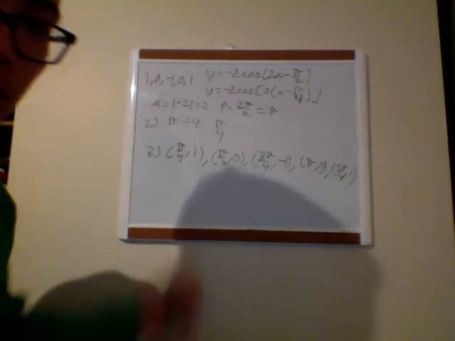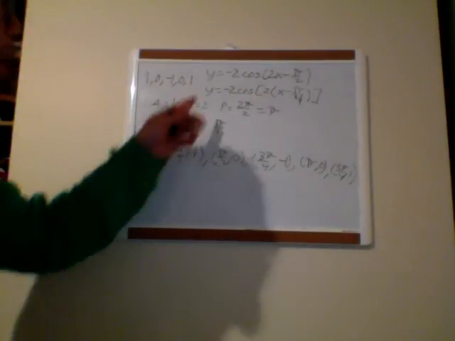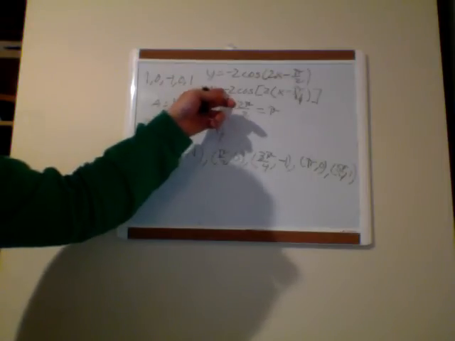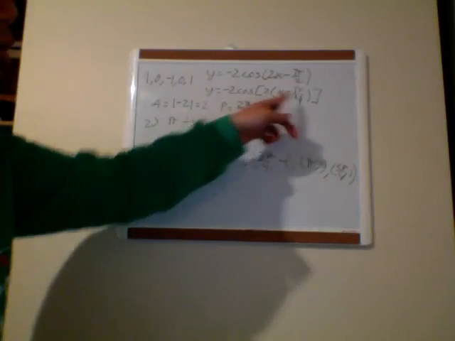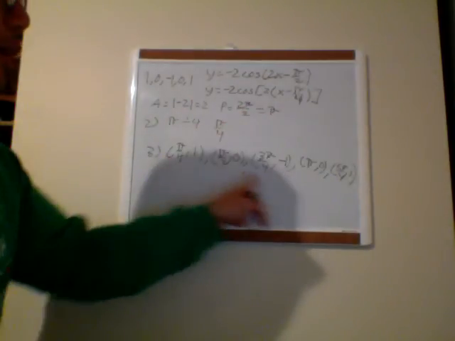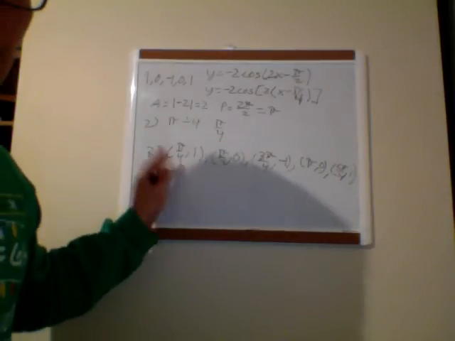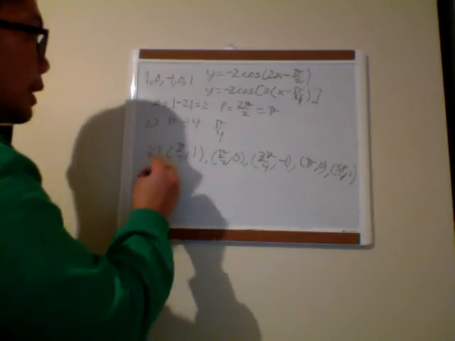Okay? So the only thing that changed from this problem to the last is that we have a phase shift, and that's where I start. Now, the only thing that happens here is that I'm going to have a vertical stretch of -2. Remember, we already applied the horizontal shift by starting at pi over 4. So the only thing you have to do for step 4 is multiply all your y values by -2.